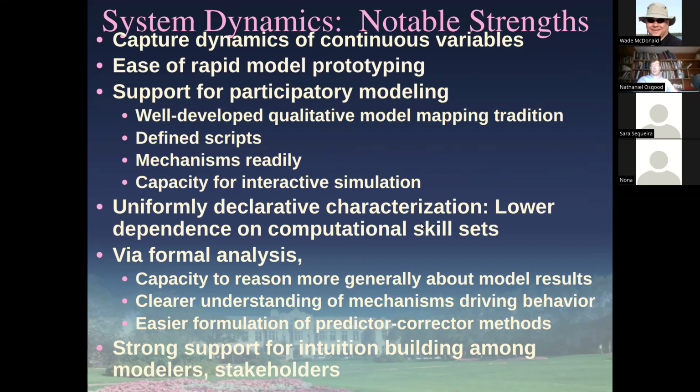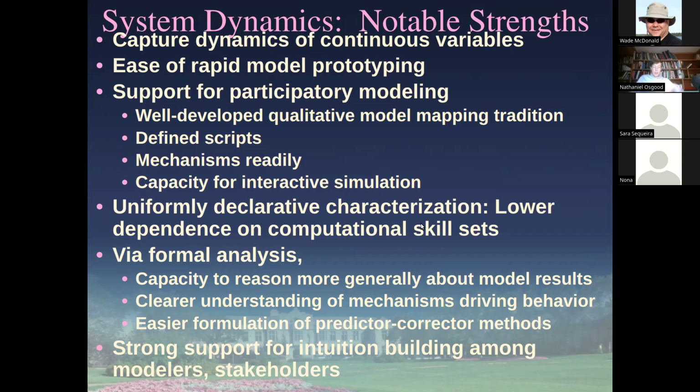With formal reasoning, with formal analysis, this can be extraordinarily powerful. We can understand, as Nastran has implemented, based on past work by Christian Kampmann and others, which feedback loops dominate at any one time as a quantitative model evolves, as a stock and flow model evolves. We can reason about sensitivity at any one time to parameter values, what's called eigenvalue elasticity or eigenvalue sensitivity.